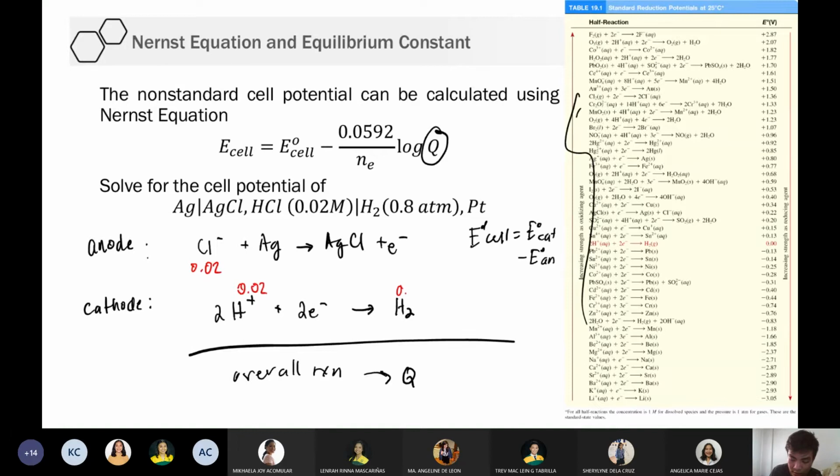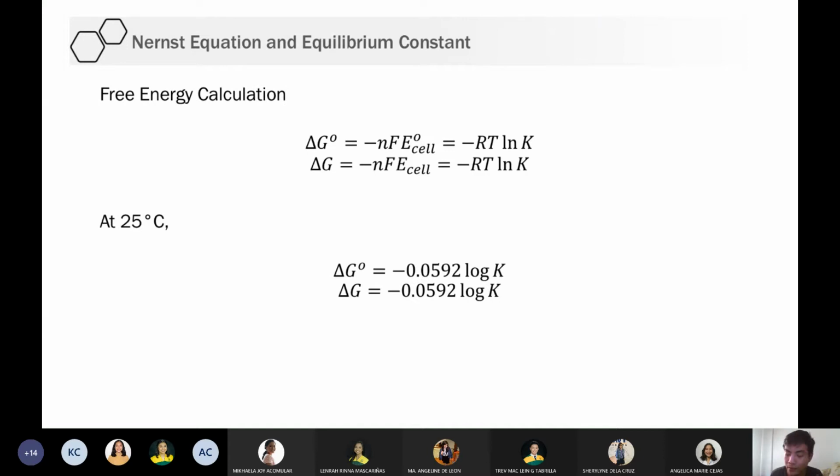And then yung hydrogen gas is 0.8 atm. So ito sabi dito yung dalawang yan ay 0.02 molar yung concentration nila. Yun lang. Okay, so yun lang. So I'll leave that to you for your practice na.